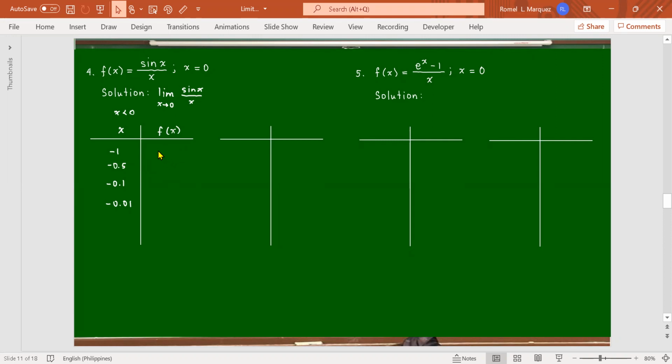So when x is negative 1, sine of negative 1 over negative 1 is equal to what, guys? Anyone? Would you please check? 0.8415 approximately. Is that correct, guys? What about when x is negative 0.5?